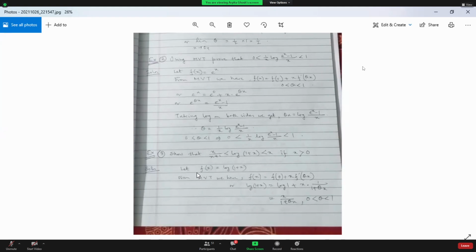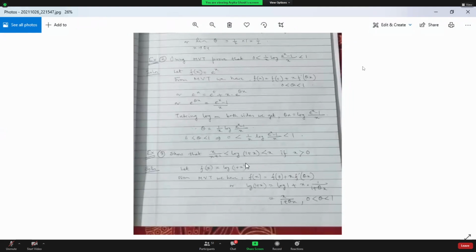That inequality we will use. So f(x) is log of 1 plus x. Therefore, f(x) is f(0) plus x f dash(theta x). So log of 1 plus x is f(0), that means log 1, plus x into f dash(theta x). For log x, the derivative is 1 by x.